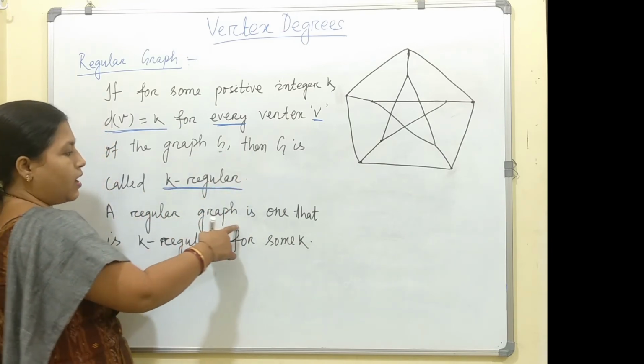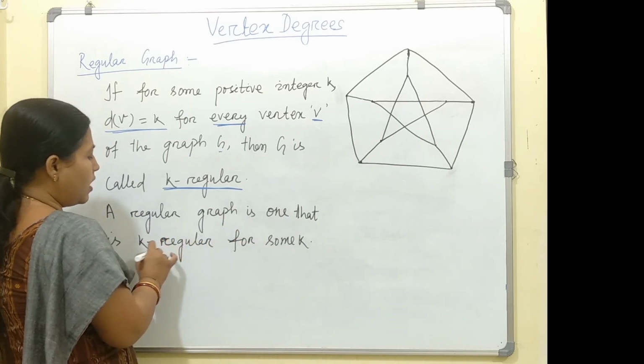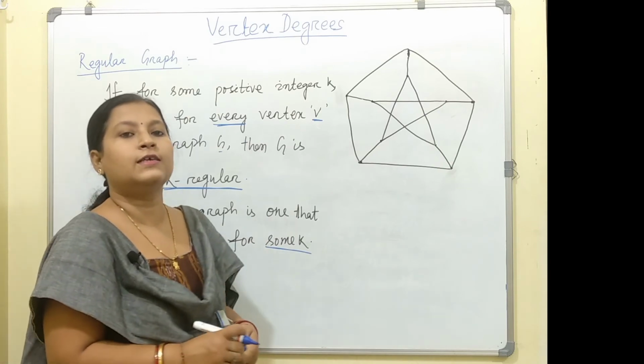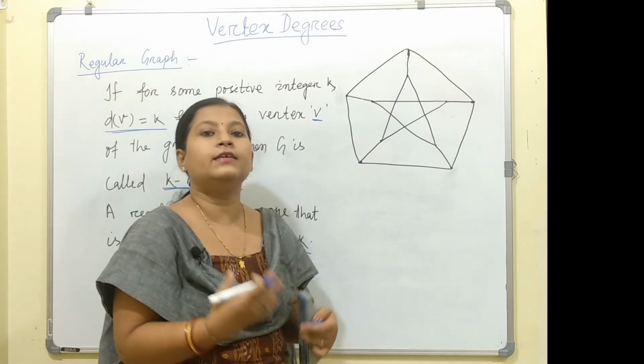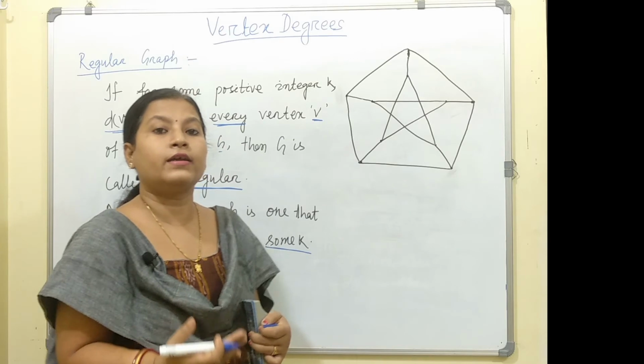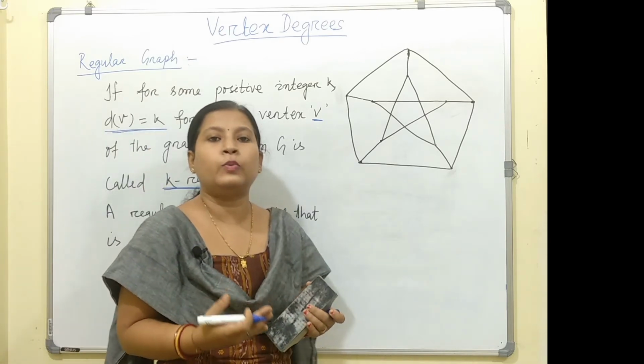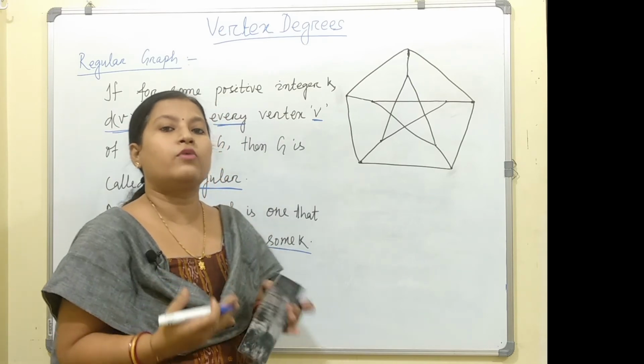A regular graph is one that is k regular for some k. If all the vertices have degree 3, it is called a 3 regular graph. If all the vertices have degree 2, it is called a 2 regular graph.